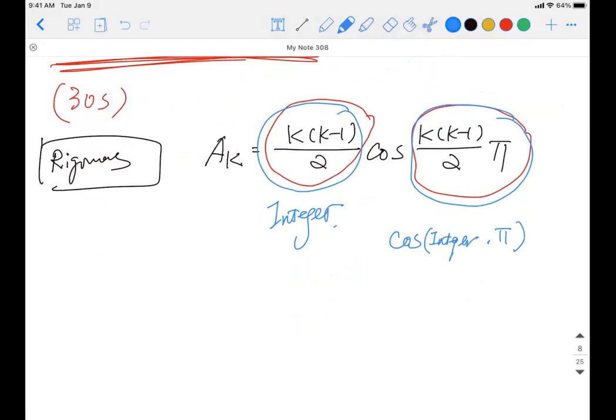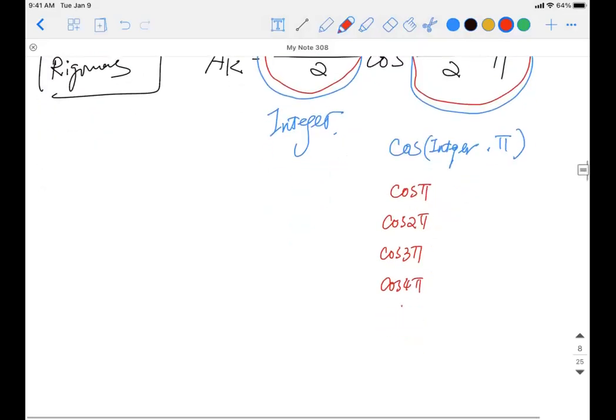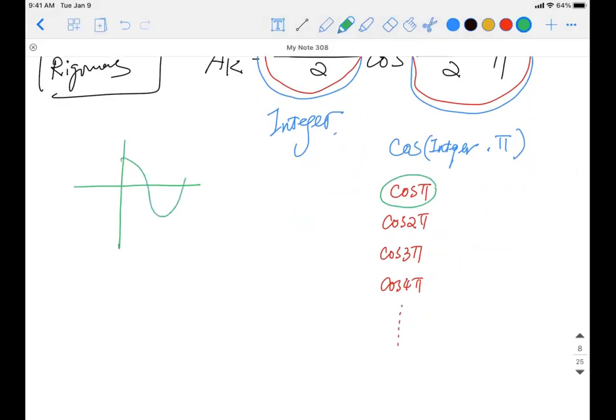Cosine of an integer times pi is going to be something like cosine pi, cosine 2 pi, 3 pi, 4 pi, and so on and so forth, right? Let's have a quick look. Cosine pi is what? Negative 1, right?